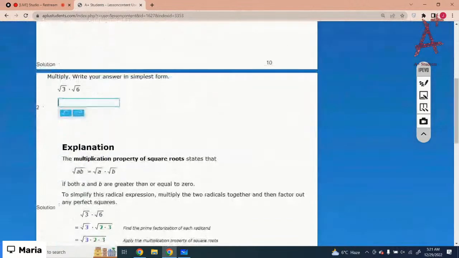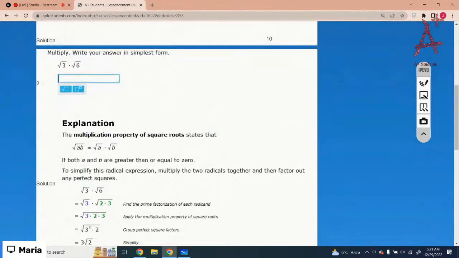Okay, the next one is square root 3 times square root 6. So you have to use the multiplication property of square root. When two numbers are under the two radicals, you can multiply them under the same radical.